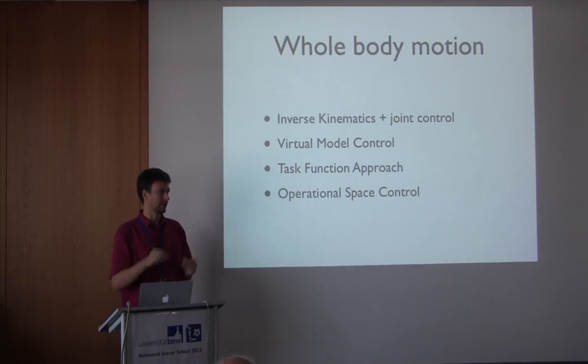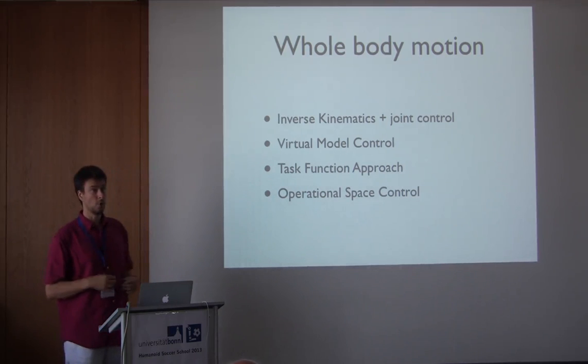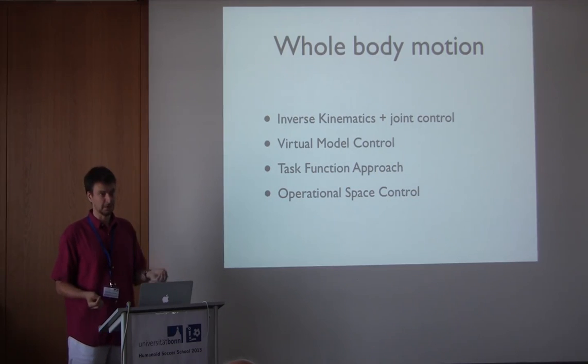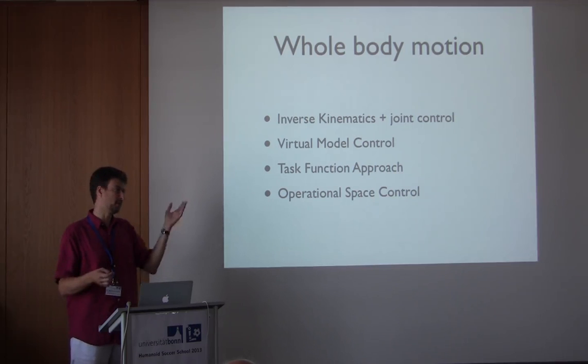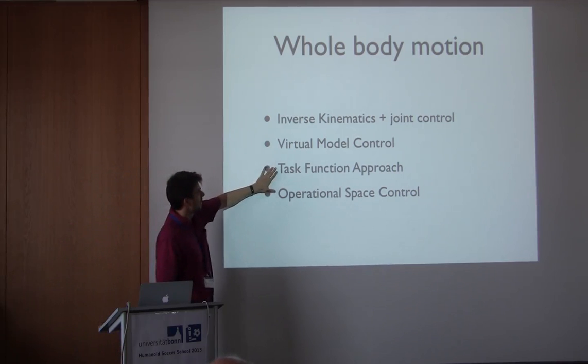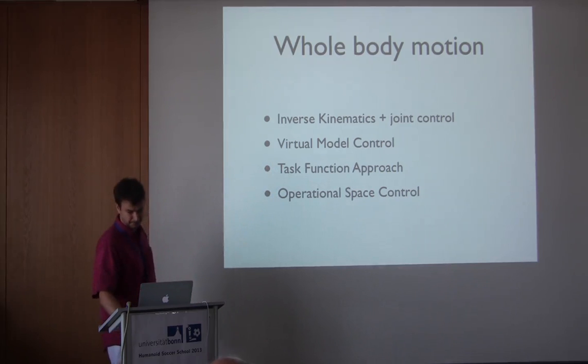That's especially interesting for walking robots, because as we saw, the motion of the center of mass and the motion of the feet are most important for balance. Maybe if you cannot look in the right direction, it's less important than keeping balance. So those two approaches are very often used for walking robots.